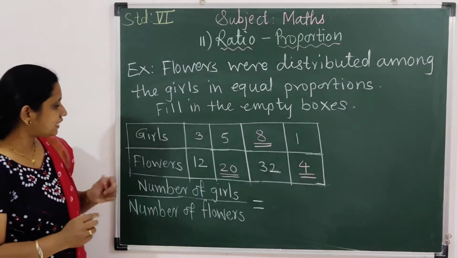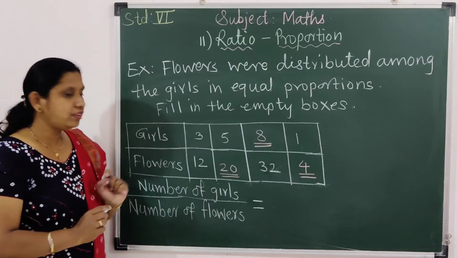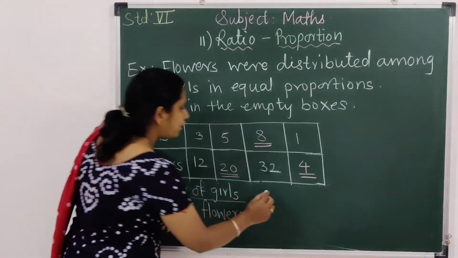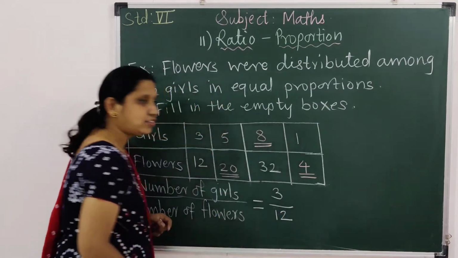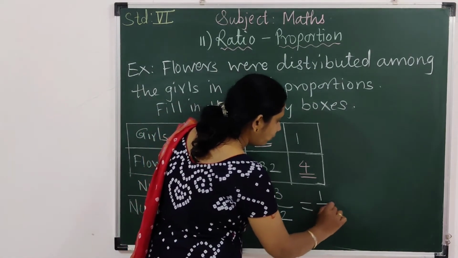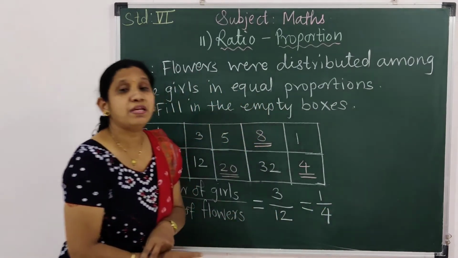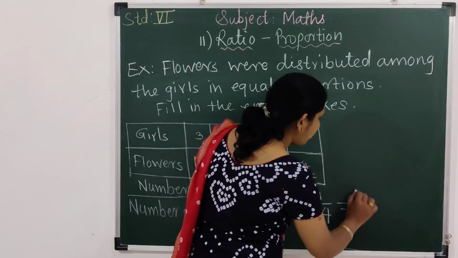Alright. Now let's see the ratio. Number of girls upon number of flowers. The number of girls is 3 divided by the number of flowers 12. So it will be in the form of 1/4. It means each girl will get how many flowers? 4 flowers.